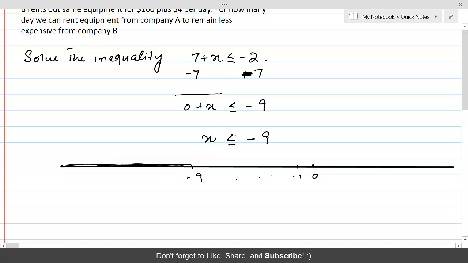If there is a sign of equality with less than or equal to, that equal to symbol signifies that the reference value minus 9 itself is part of the solution, and we need to draw a solid circle on the reference value, which we just did, and then write the inequality x is less than or equal to minus 9, and we are done.